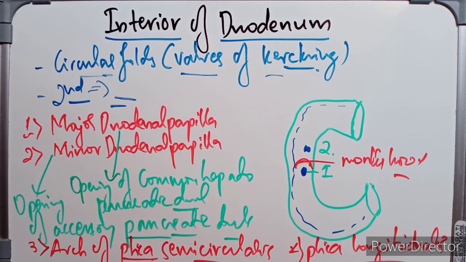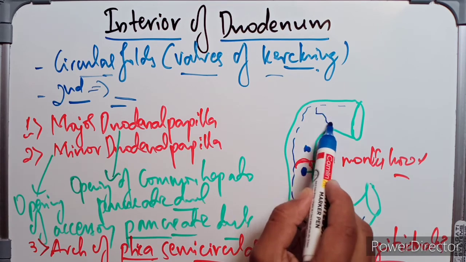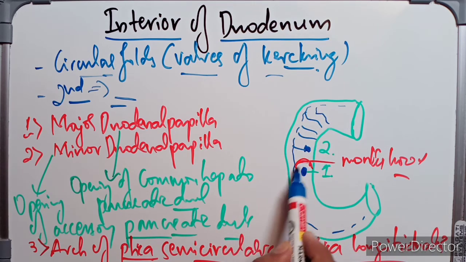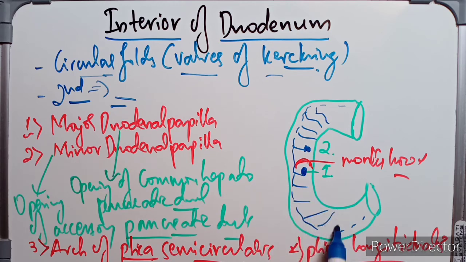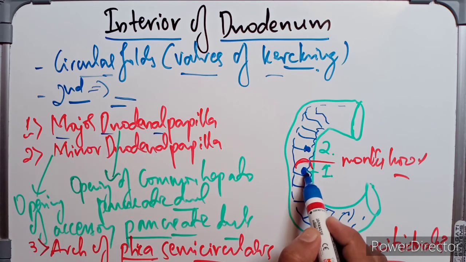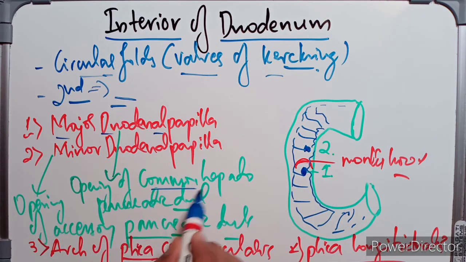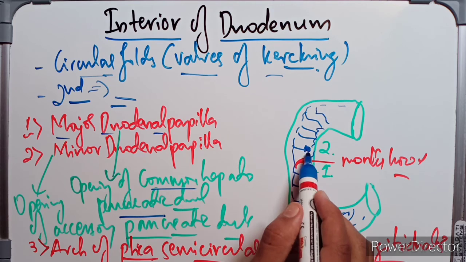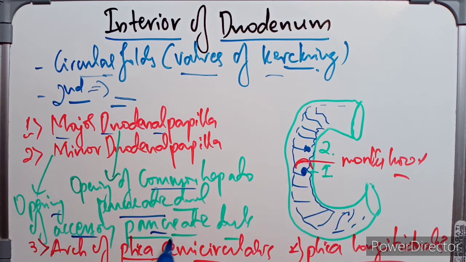The plica longitudinalis extends along the entire curvature of the duodenum like this. So coming to the interior of the duodenum, we have the major duodenal papilla, which is the opening of the common hepatopancreatic duct, and the minor duodenal papilla, which is the opening of the accessory pancreatic duct.